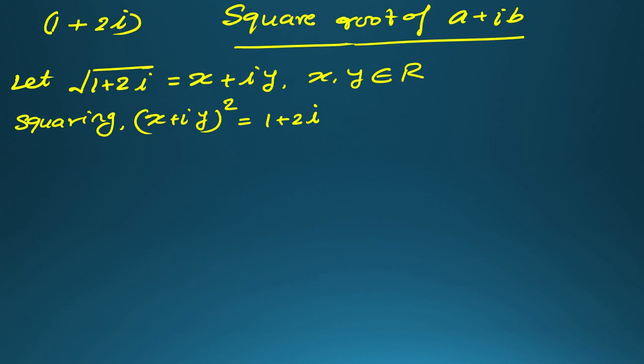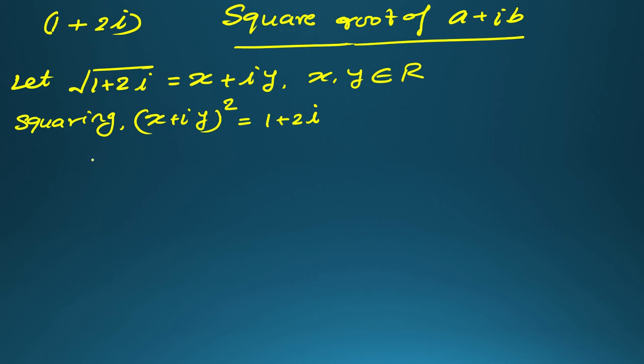Normally we find this mistake in the answer sheets of various students when they square both the sides. On the left hand side, in place of making it a whole square, they write x square plus i square y square. If I ask them the identity of (a plus b) whole square, they tell me correctly, but while applying this identity they make a mistake. So please take care of this thing. It is (x plus iy) whole square, not x square plus i square y square.